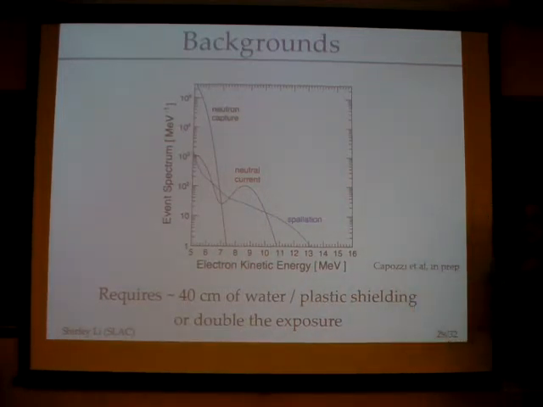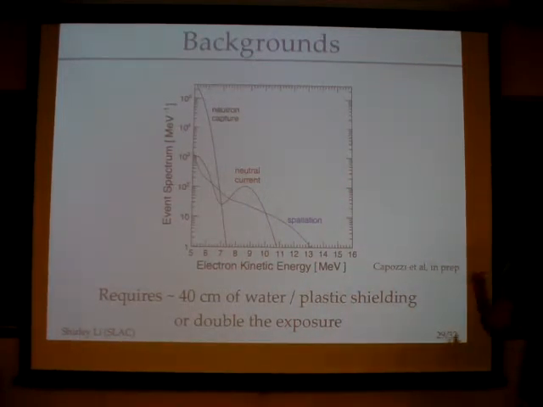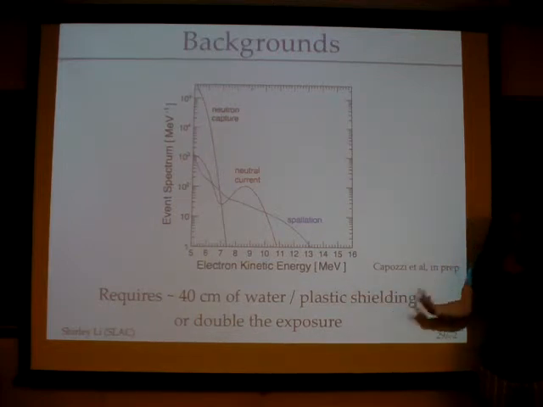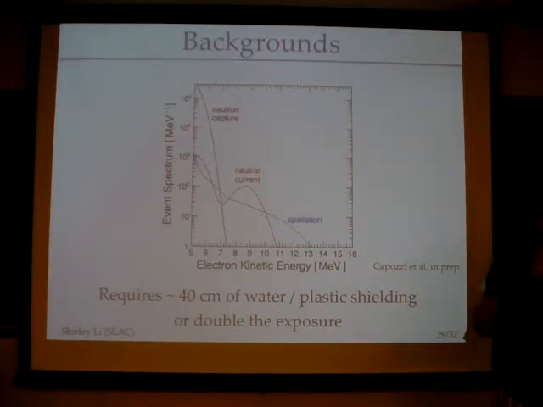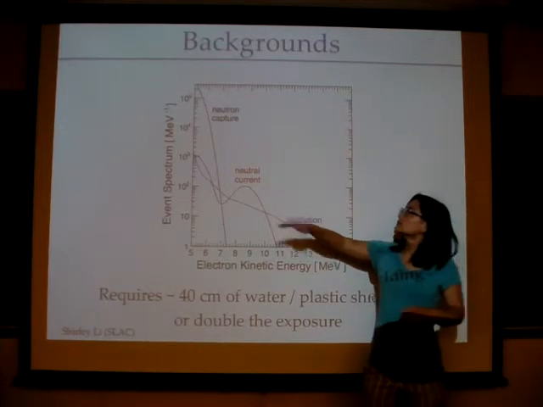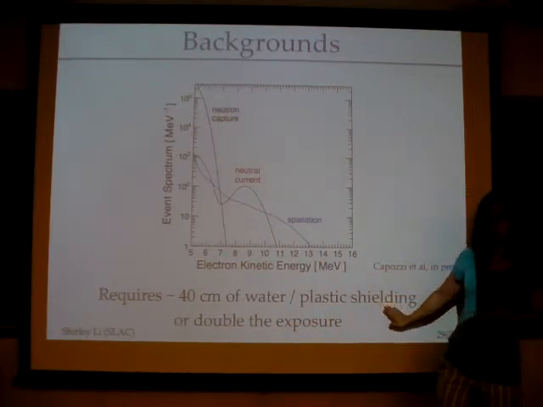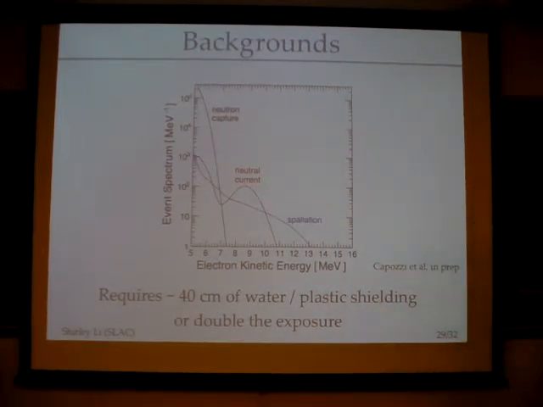That obviously doesn't work, so what we assume is, let's first just assume there's standard shielding outside DUNE. And standard shielding is basically something that's either filled with water or plastic. You just need hydrogen. And to beat down that background level from 10 to the 3 times higher to this level, we need about 40 centimeters of shielding. So we take this as our standard assumption.